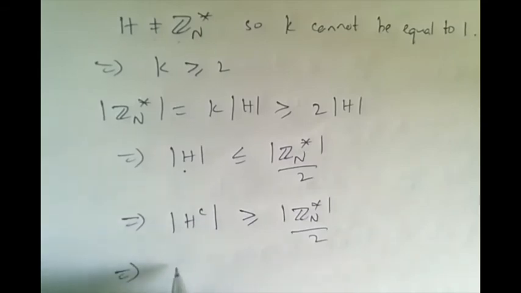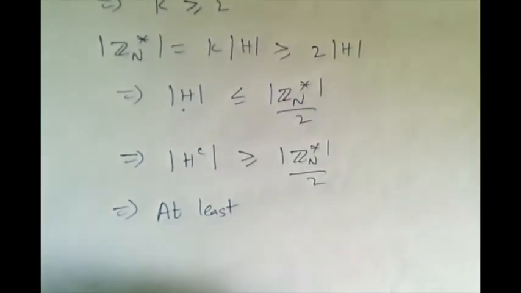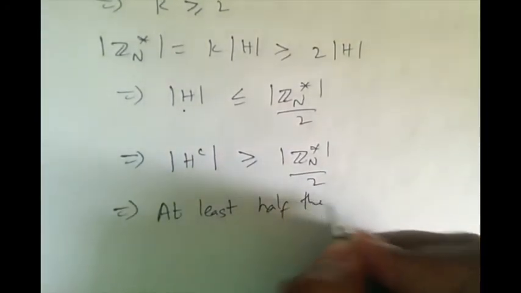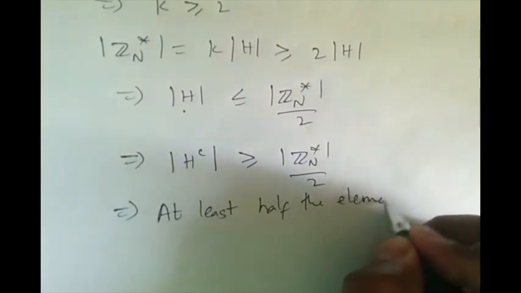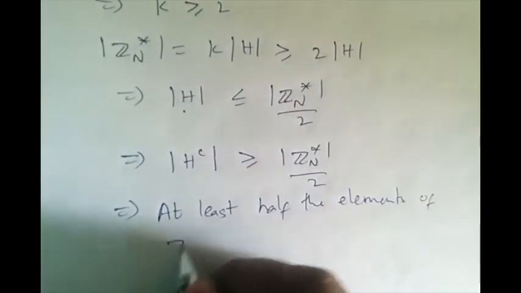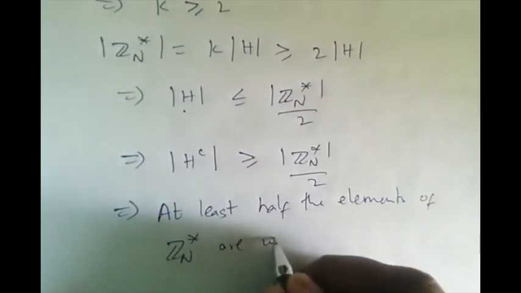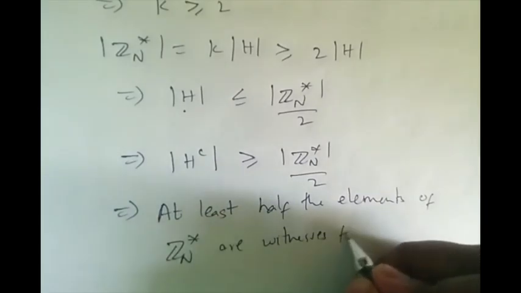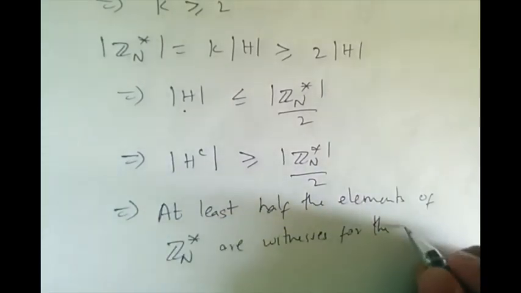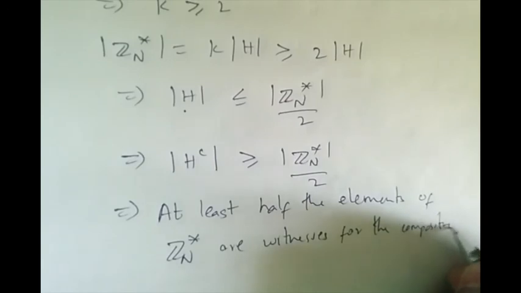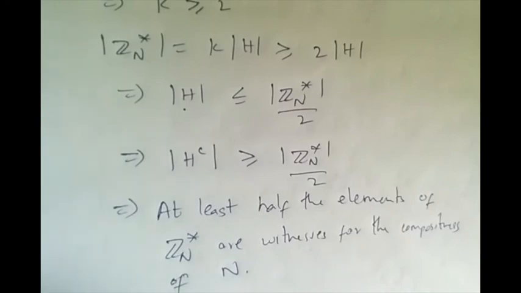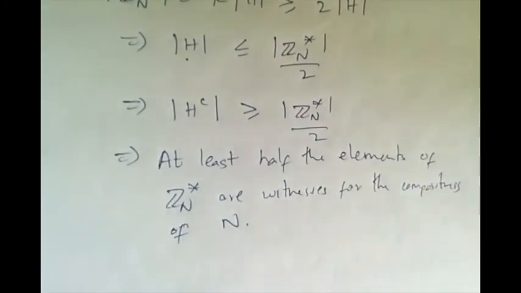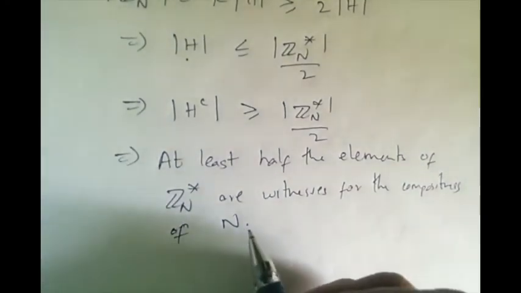So there exist at least half the elements of Zn star that are witnesses for the compositeness of n. So this completes the proof of the theorem.